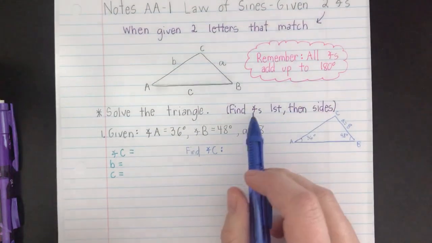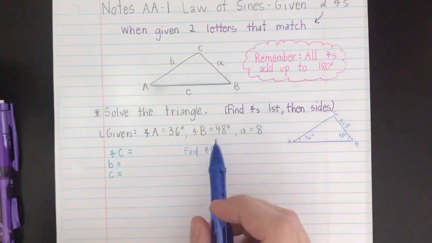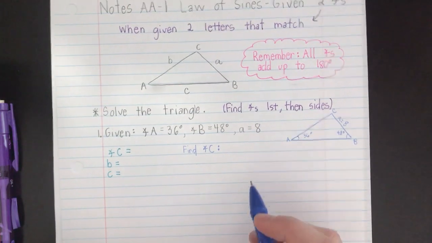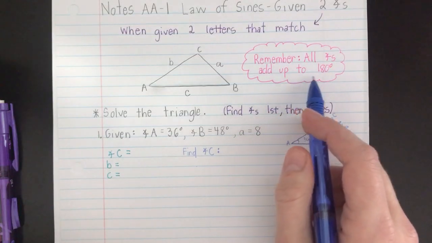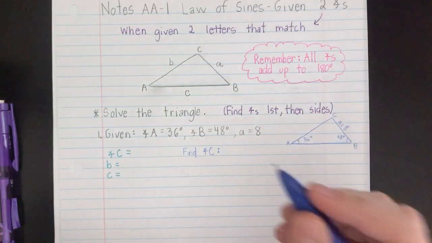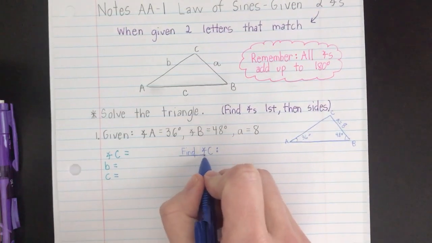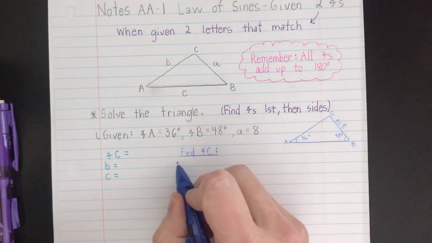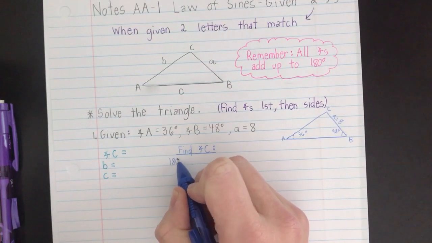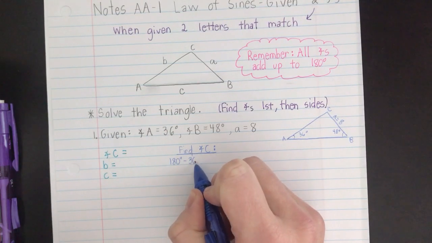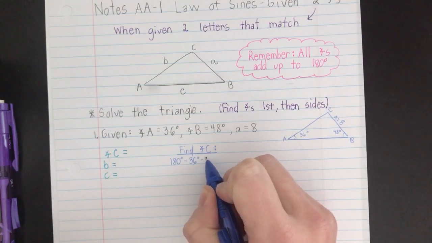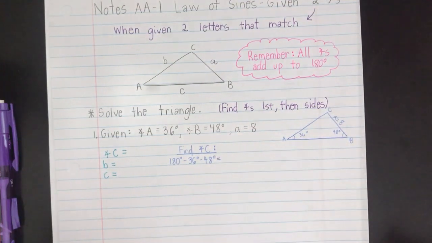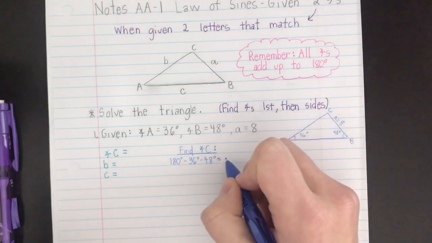Okay, so first, remember we want to find those angles. So to find angle C, we are going to take the knowledge that all angles add up to 180 degrees in a triangle. So we will find angle C. So we need angle C, we need side B, and we need side C. So we will take 180 degrees, and we will subtract 36, and we will subtract 48, and that equals 96.